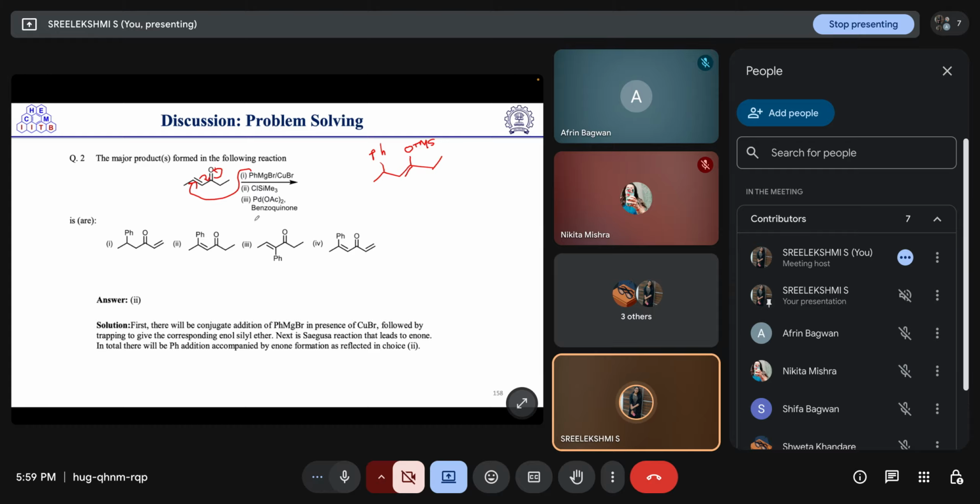Then what will happen? In palladium acetate benzoquinone condition, oxidation is taking place. So oxidation means with this double bond, firstly palladium will coordinate, then it will undergo this type of elimination reaction.